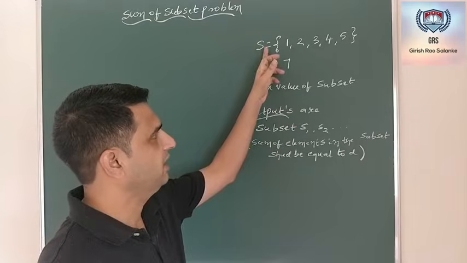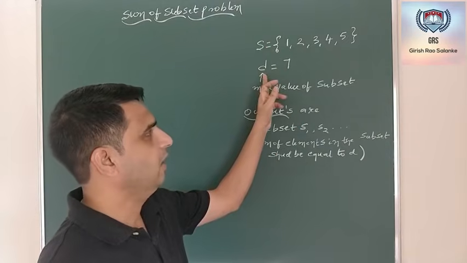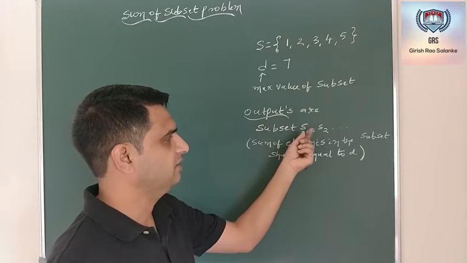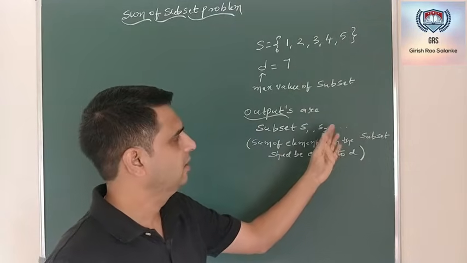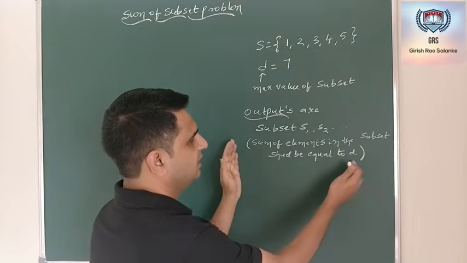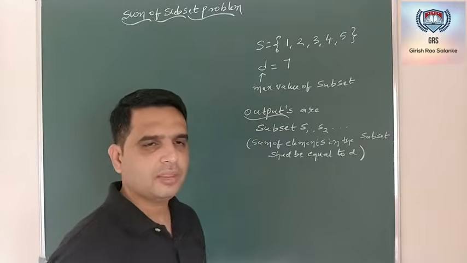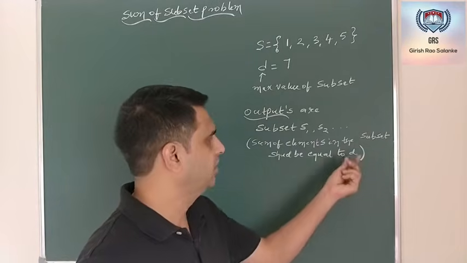Input is a set S and a non-negative integer D. Output are the subsets S1, S2 and so on. What is the condition? The elements in these subsets, on adding them together, should result in D.